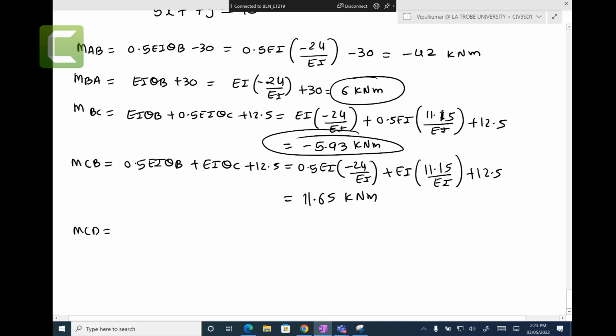MCD equal to 0.75 EI theta C minus 20. So 0.75 EI theta C is 11.15 on EI minus 20.